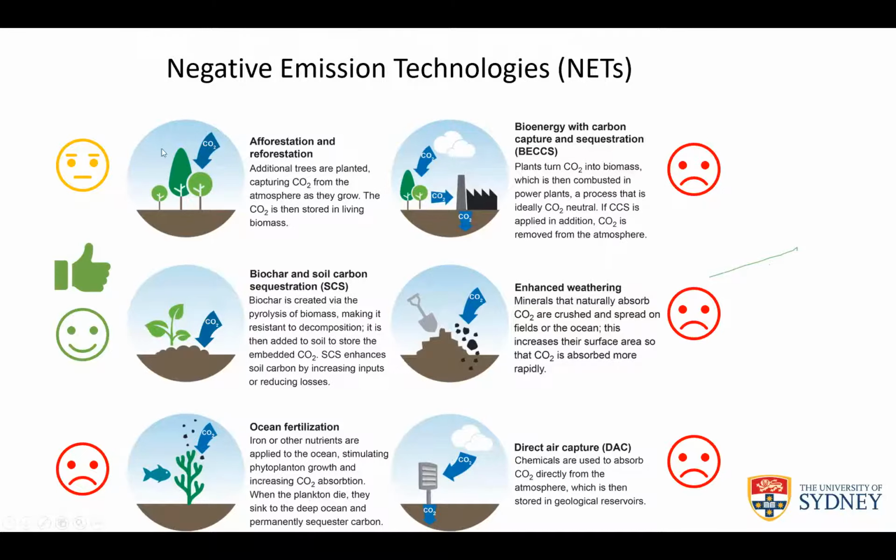The one that is probably feasible is forestation. Forestation means planting trees, but of course this cannot happen everywhere. In some places it might work. And the one that can be applied everywhere is soil carbon sequestration. That means putting the CO2 in the soil while we are planting crops.